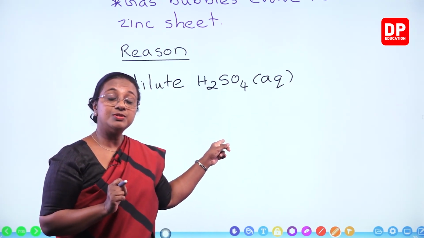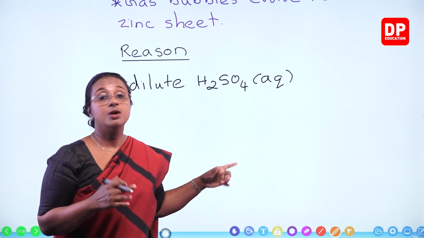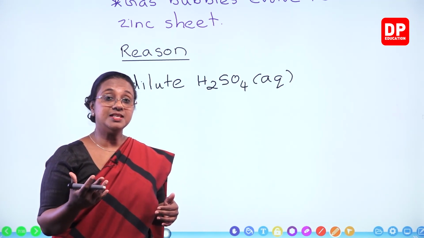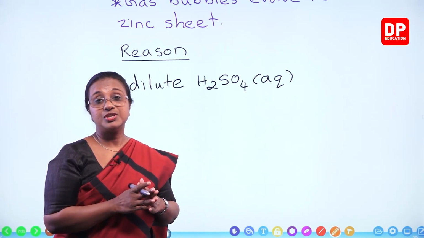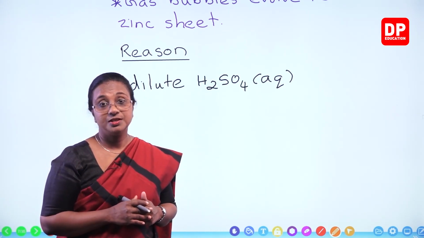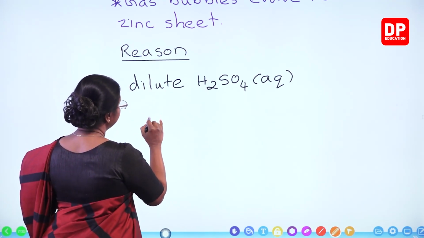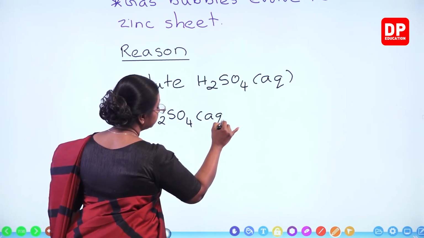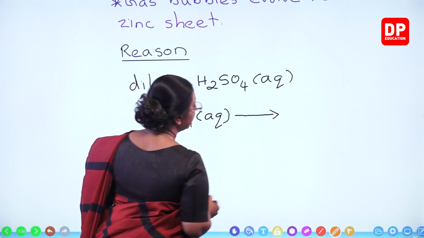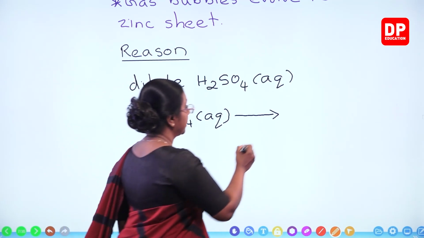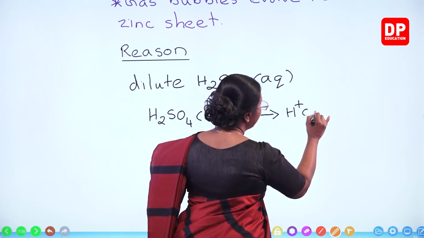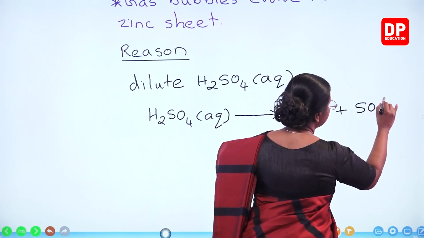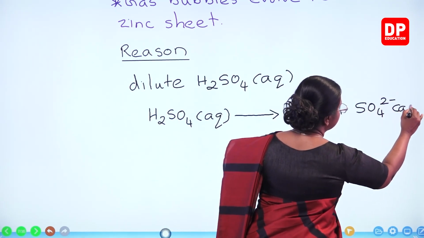Now, you all know dilute sulfuric acid is a strong acid. What is a strong acid? An acidic substance that completely dissociates in the solution. So, what happens when you take H2SO4 aqueous in the solution, it completely dissociates and forms H+ ions and sulfate ions, SO4 2- aqueous.